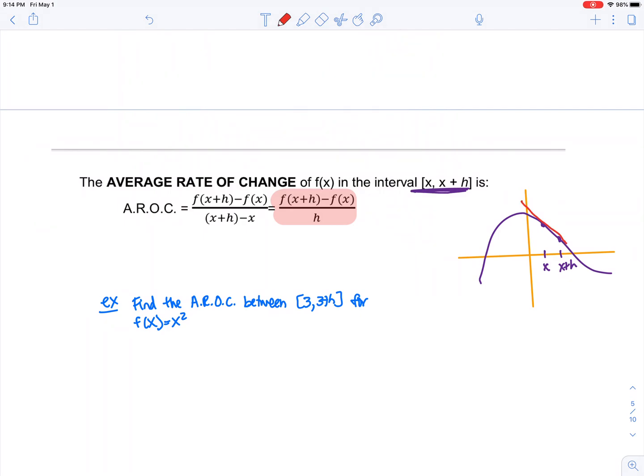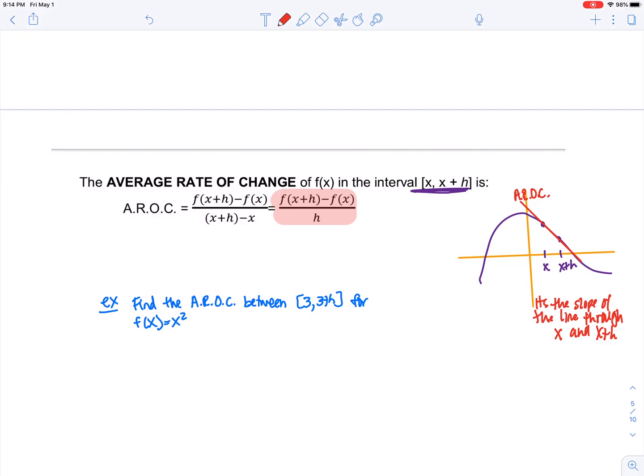The average rate of change is just the slope of the line through x and x plus h. All right, so that's all the average rate of change is. It's just slope through 2 points.